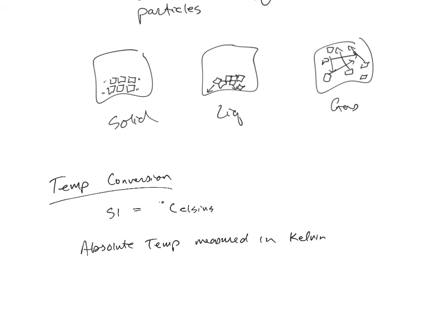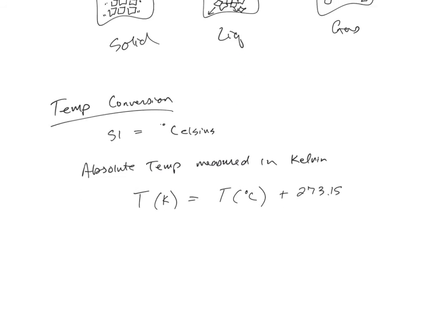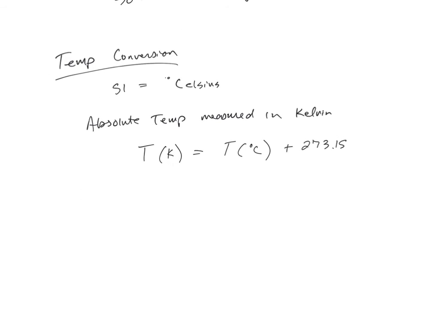And the relationship between absolute temperature and the SI measurement of temperature is that temperature measured in Kelvin is equal to whatever your temperature is measured in degrees Celsius, we're going to add 273.15. So this is one of the only conversions that we do in this class that is an addition problem.